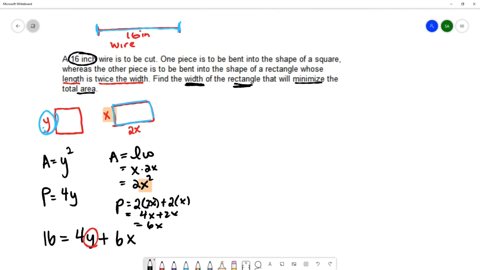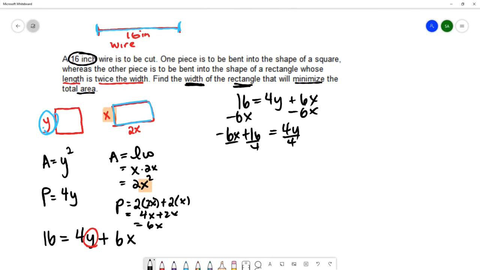I have 16 equals 4y plus 6x. I'll subtract 6x. That gives 4y equals negative 6x plus 16. And I'll divide by 4. And that gives me negative 3 over 2x plus 4 equals y.